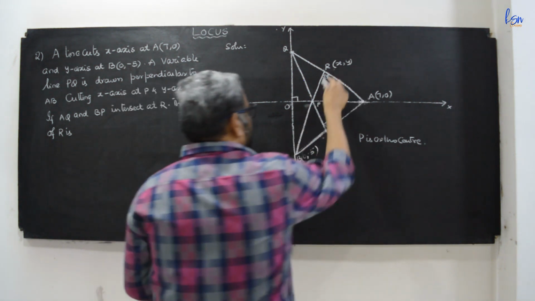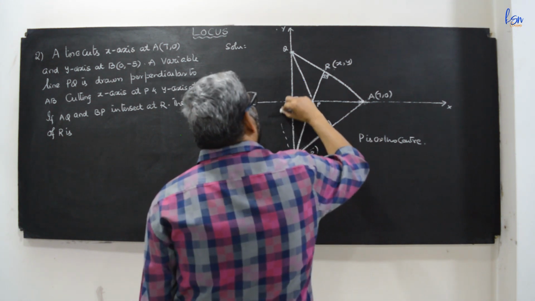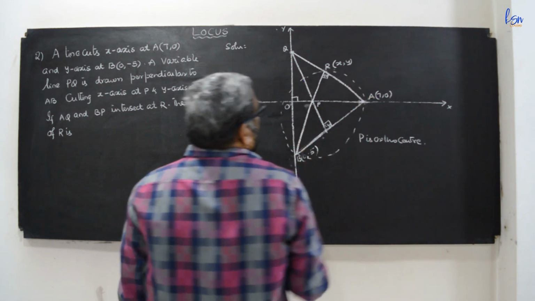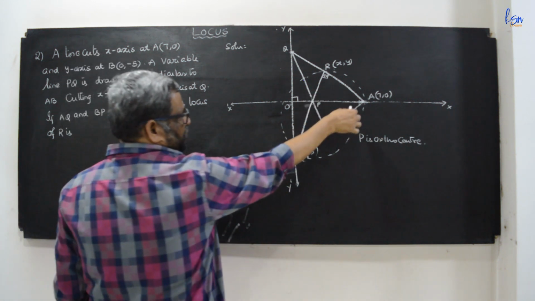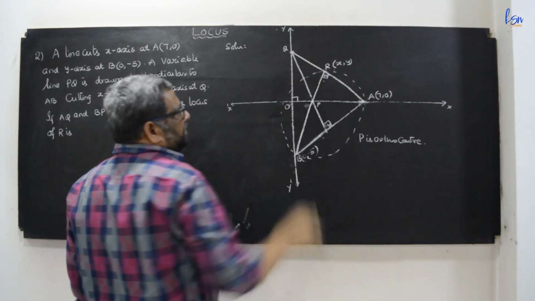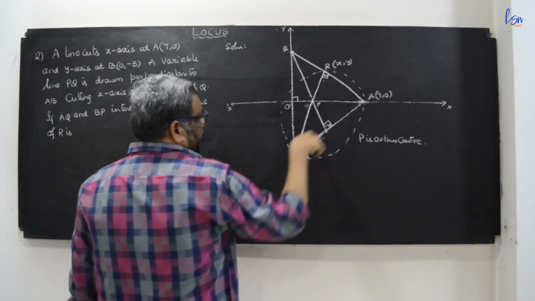Otherwise, it being a right angle triangle, you can also construct a circle like this, passing through A, B and R. This is the circumcircle of the triangle ABR, in which this chord AB is subtending 90 degrees at R. Therefore, for this circle, AB is the diameter.